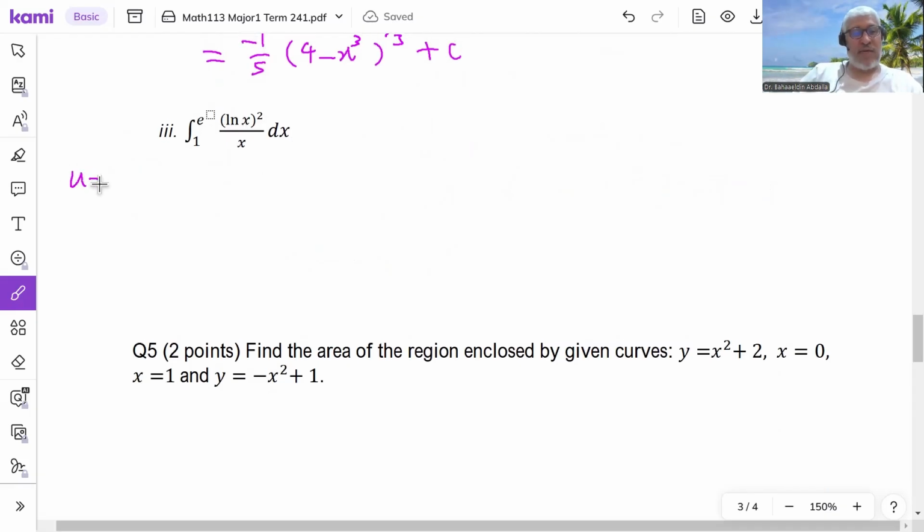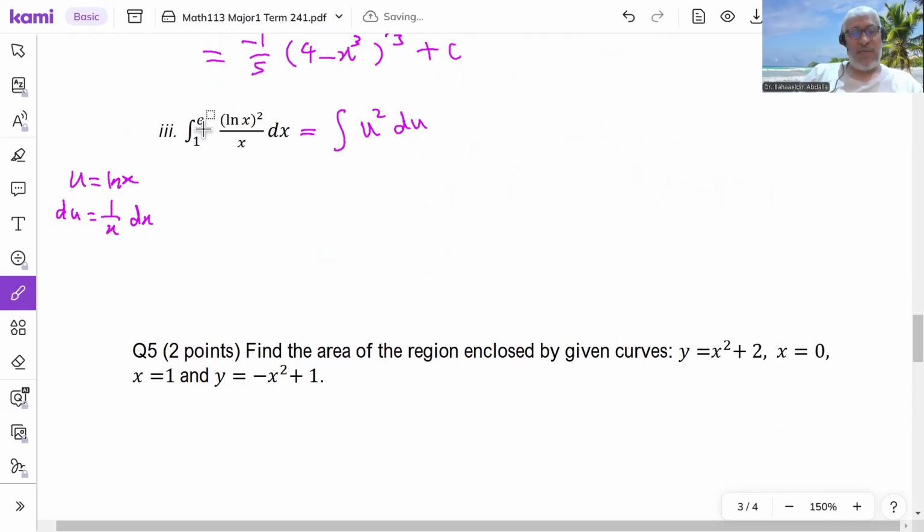So if I take ln x as u, then du would be the derivative of ln x, which is 1 over x dx. Well, I have 1 over x dx. So this integral would be integral of ln x, which is u squared, and 1 over x dx is just du. Good.